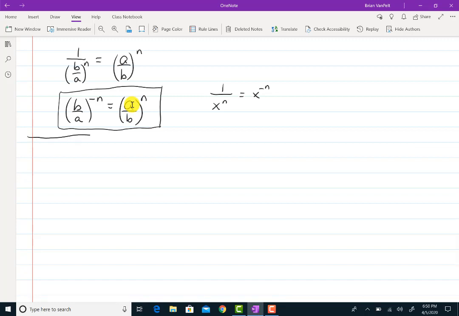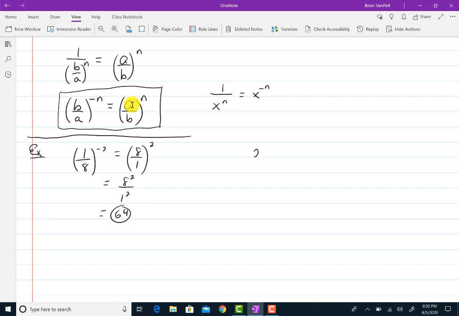So to do some examples to illustrate this, if I have, say, 1/8 to the negative 2 power, that's the same as 8 over 1 to the 2 power. And that's the same as 8 squared divided by 1 squared, which is 64. The 1 squared, of course, is just 1.